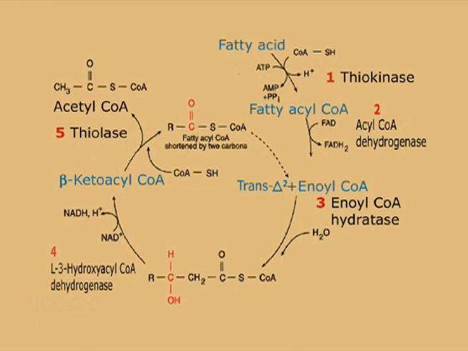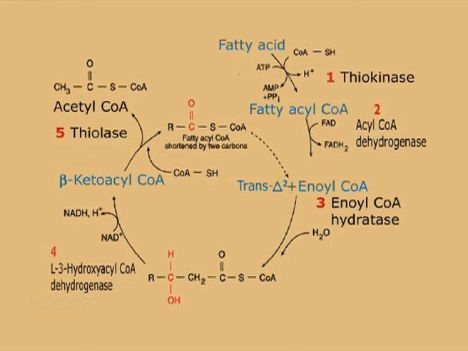In lipid catabolism, fatty acids undergo catabolism in the mitochondria. So, it is known as beta oxidation of fatty acids and consists of 5 enzymatic steps. Number 1. Activation. It is done by thiokinase enzyme, also known as acyl-CoA synthetase. Number 2.